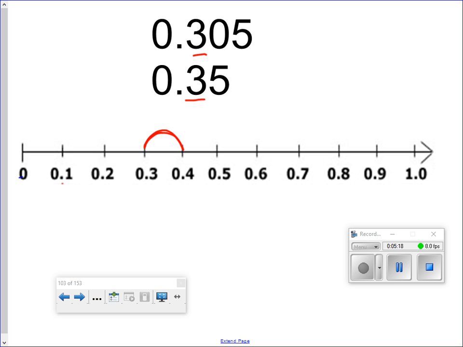But if we look at the hundredths place value, 35 hundredths would be right in the middle. But 305 thousandths doesn't have any hundredths, so it would be just past 3 tenths, which shows us that 35 hundredths is the greater number.